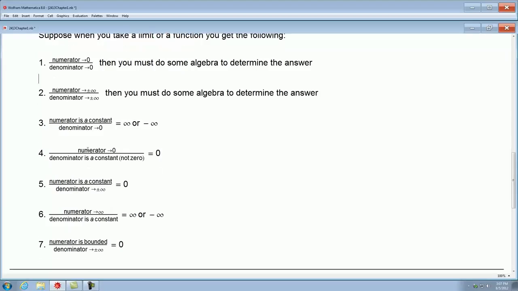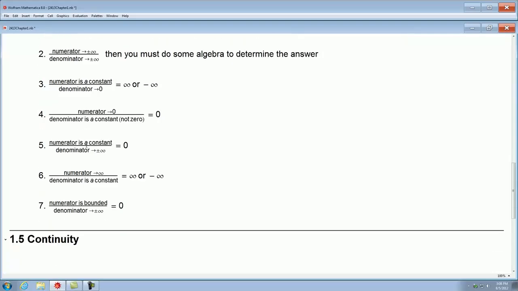I'll do problems in class, so no worries there. If your numerator is headed to 0 and your denominator is a constant, so it's this flipped over, then your answer is 0. The top's going to 0, but the bottom's stuck at 4 or 10 or pi or whatever. Then the fraction's getting smaller because your numerator's getting smaller.